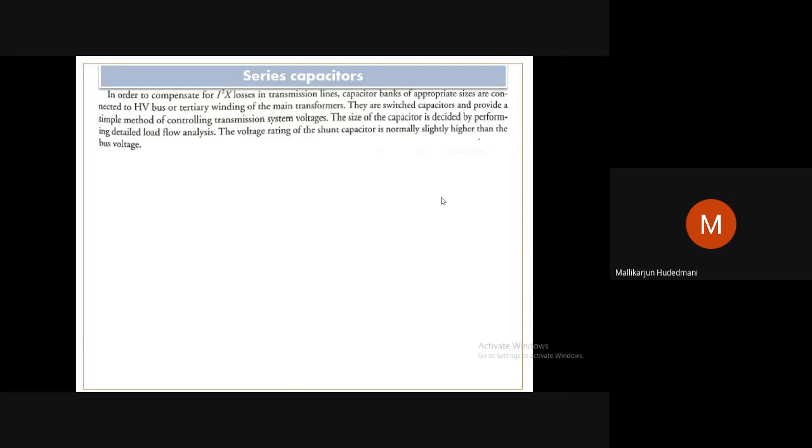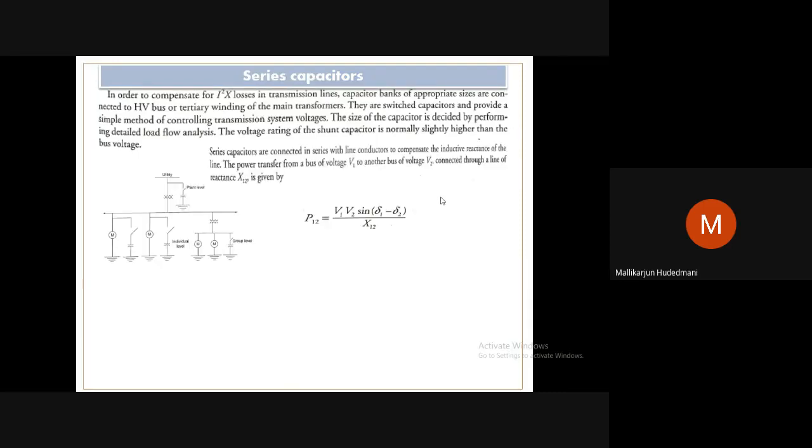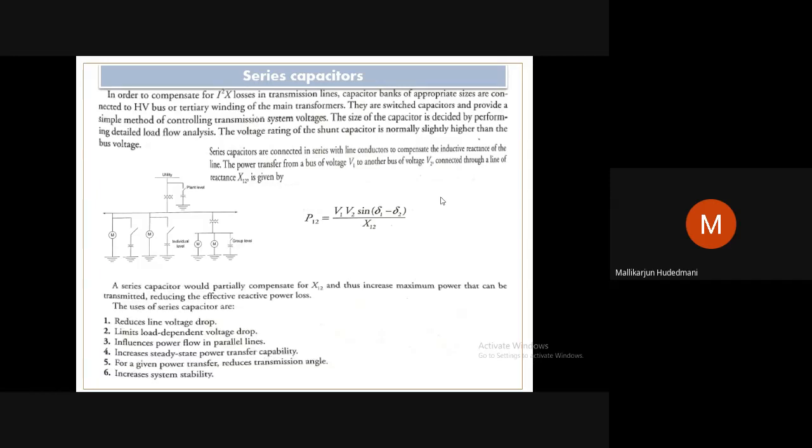Then the series capacitor, another important aspect. This is a very strong mechanism of control of reactive power or reactance of the line. As we say, a transmission line is highly inductive in nature. How do you reduce that inductance part or reactance?